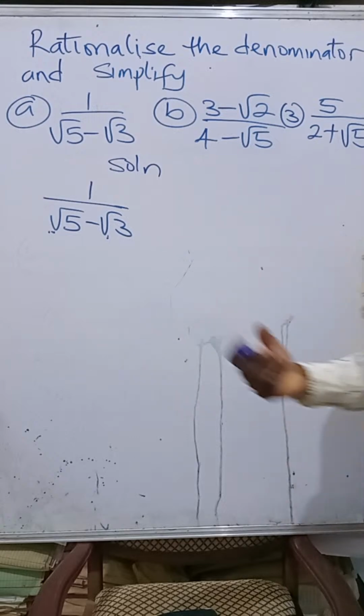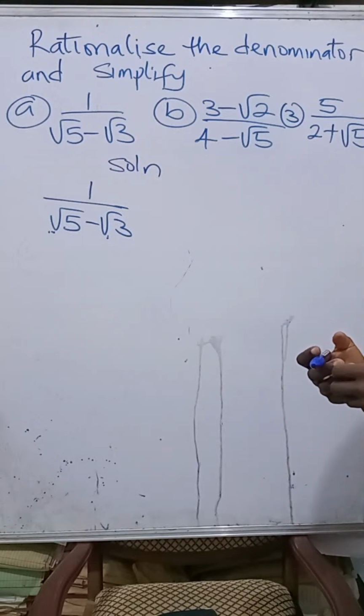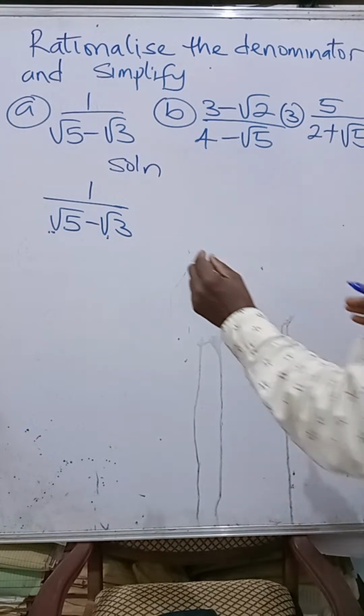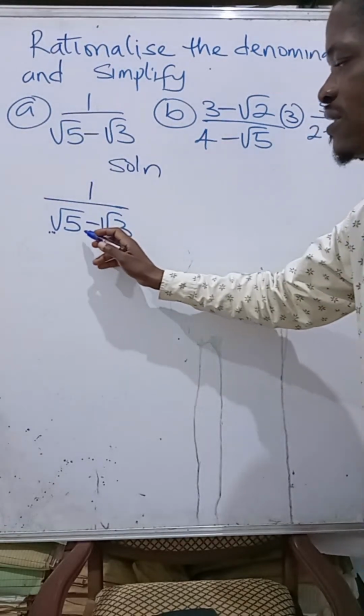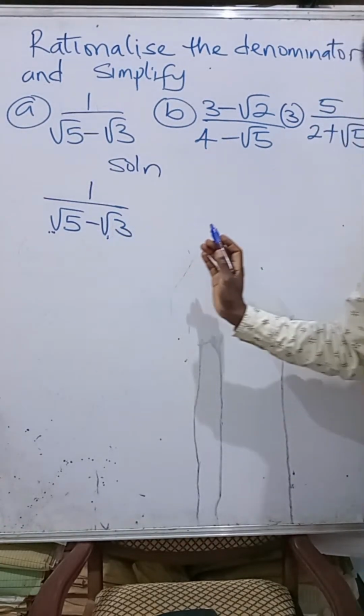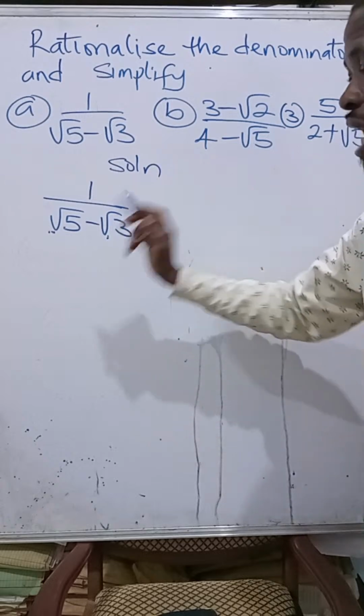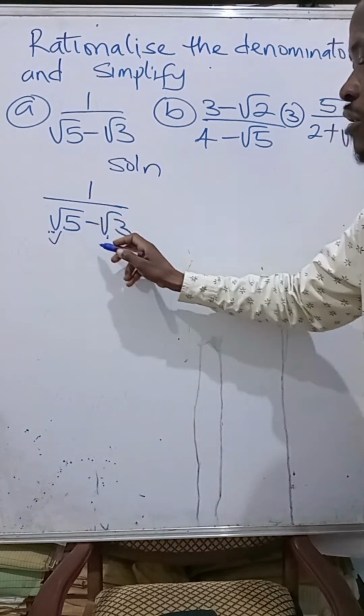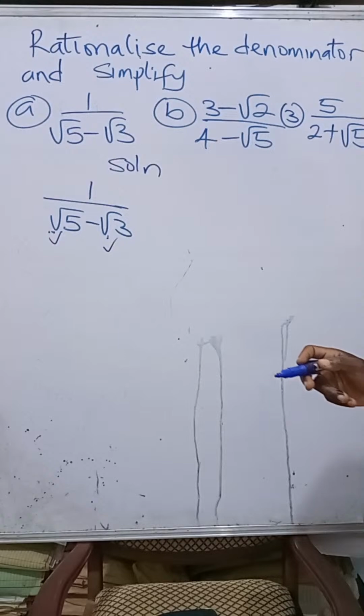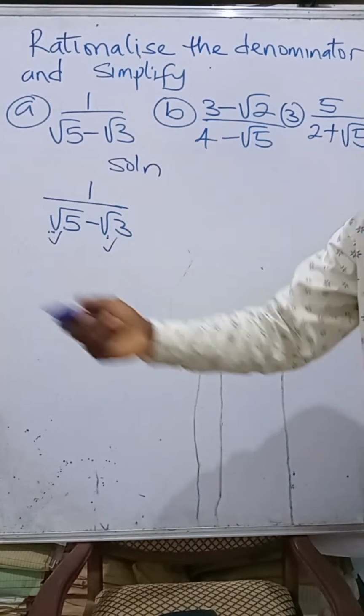And how do we do that? First, question number 1. It's very simple. What we are going to do, don't forget that this denominator is an expression. It contains 2 items. We have root 5 minus root 3. So that makes it become an expression.